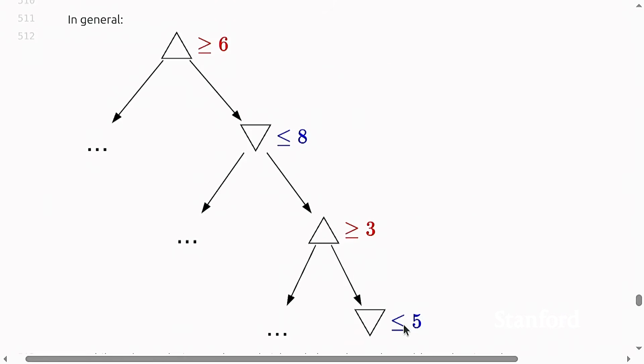If this is somehow less than or equal to 2, then I can prune that away, because this is greater than or equal to 3, and if the value of this is less or equal to 2, then there's no way that this can be on the optimal path. So the question is, can you prune this because this says it's greater than 6 and this says it's less than or equal to 5? And the answer is yes, right? Because this interval does not overlap with this one, and I have to look at the entire ancestral path.